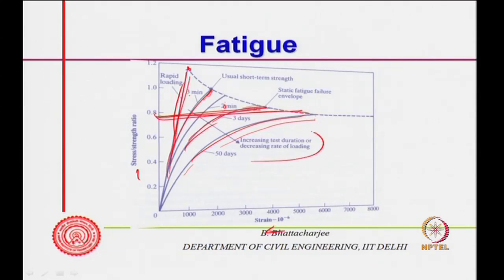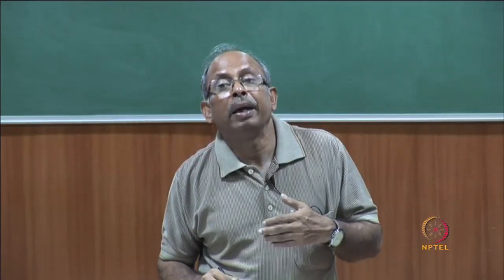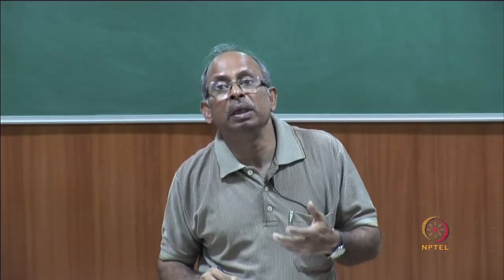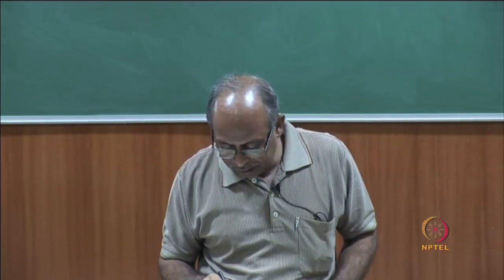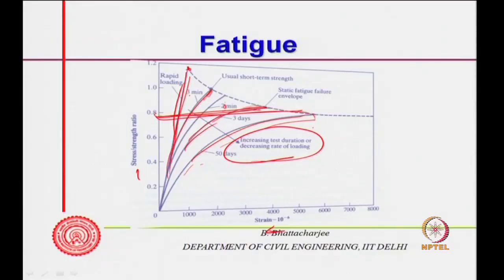So, increasing the test duration means that my rate of loading I am decreasing, and at a lower rate of loading we have seen that it fails earlier. So, with the same load applied over 50 days, you find that the load carrying capacity is much less. So, I can actually have a kind of envelope, right.